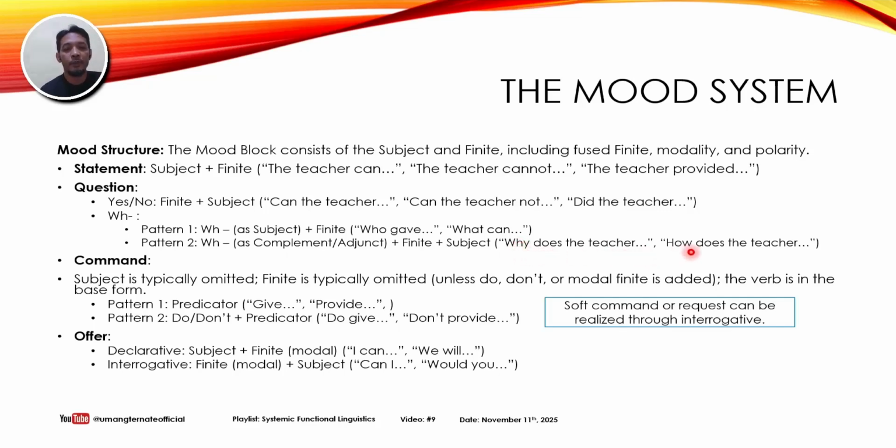The second clause is just the same: how does the teacher blah blah blah. Here the finite is does and the subject is the teacher, and this one is the same. All right.